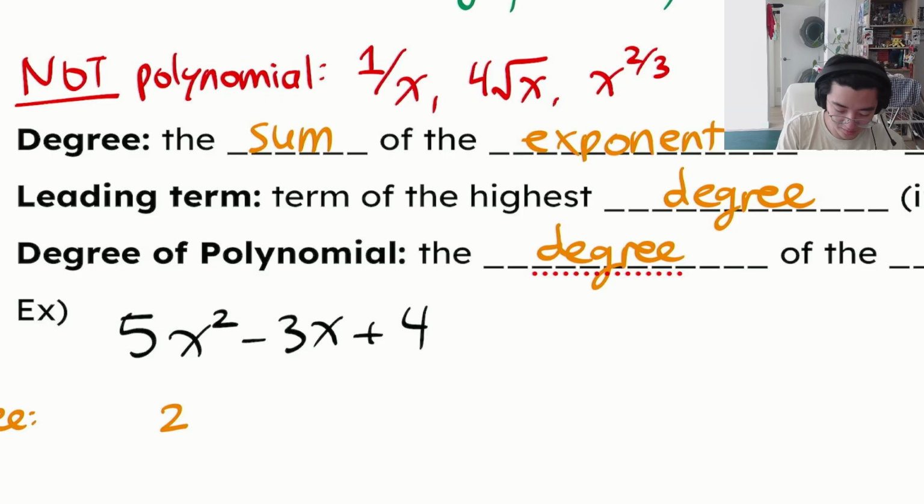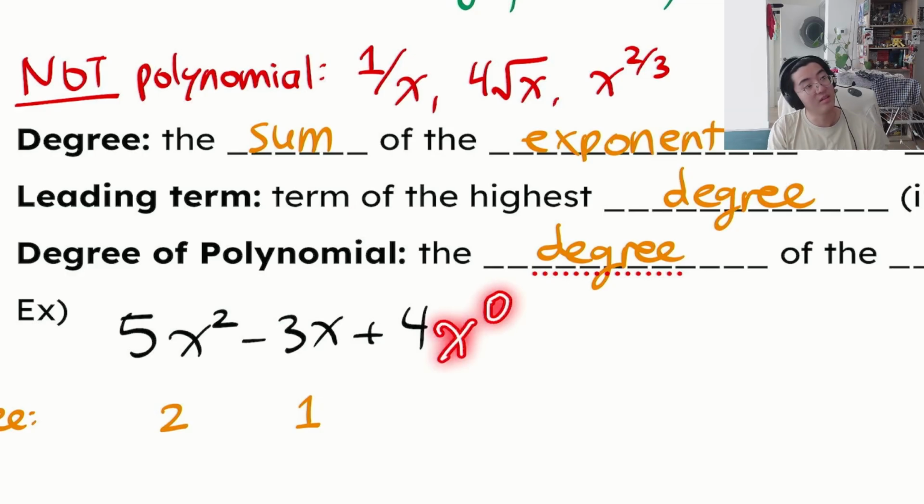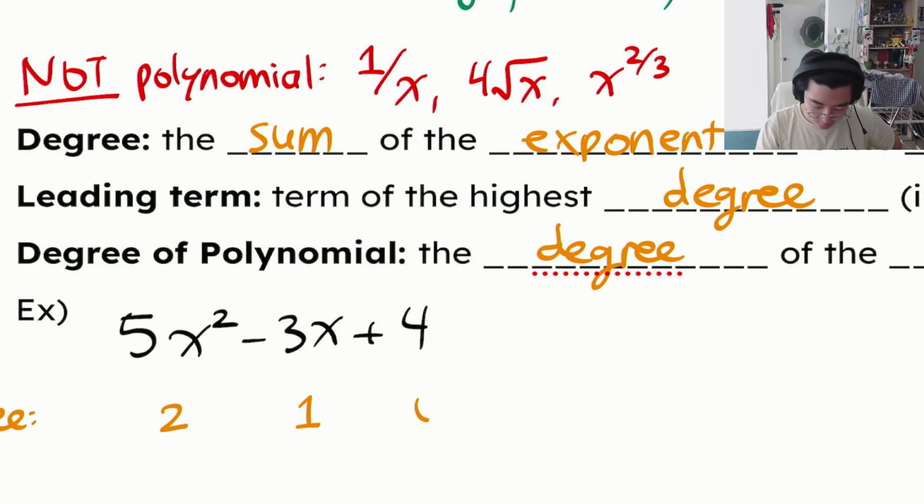In this one, x is to the power of 1. If we do not write it out, it's probably 1. And in the case of the 4 here, which again is the constant, you can think of it as to the power of 0. Because if there's no variable here, we can assume that it has to be to the power of 0, because that would make it 1.